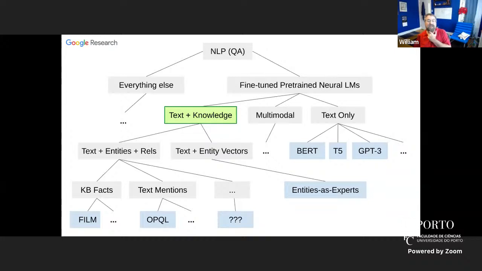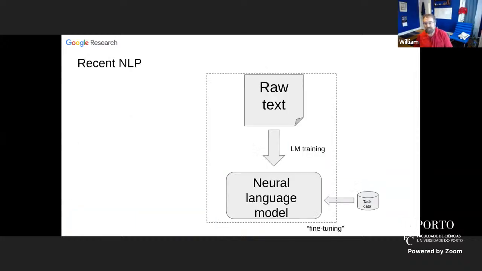So let's talk about this corner of the picture, this part of natural language processing. How do you take a large language model, like a transformer language model that I showed you a couple of slides back, and augment it with knowledge? And why do you want to do that?